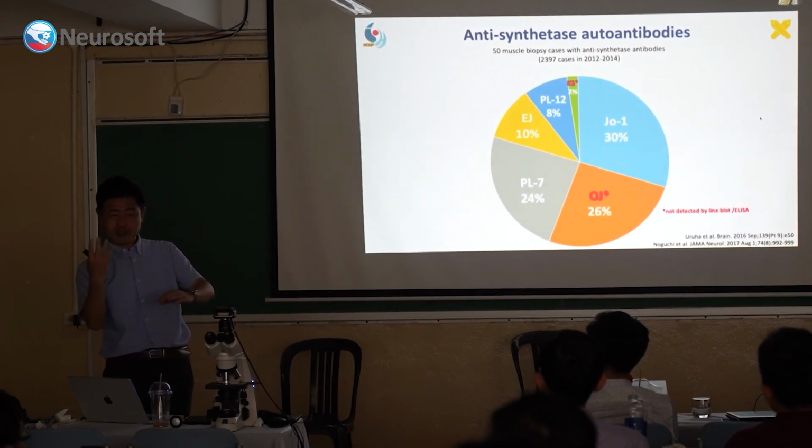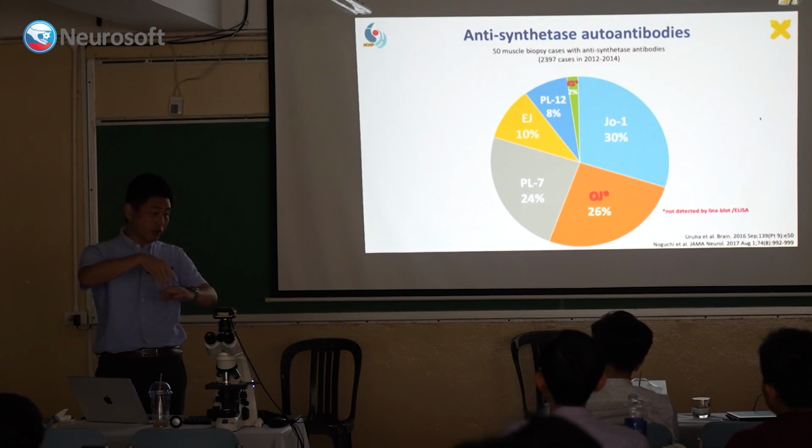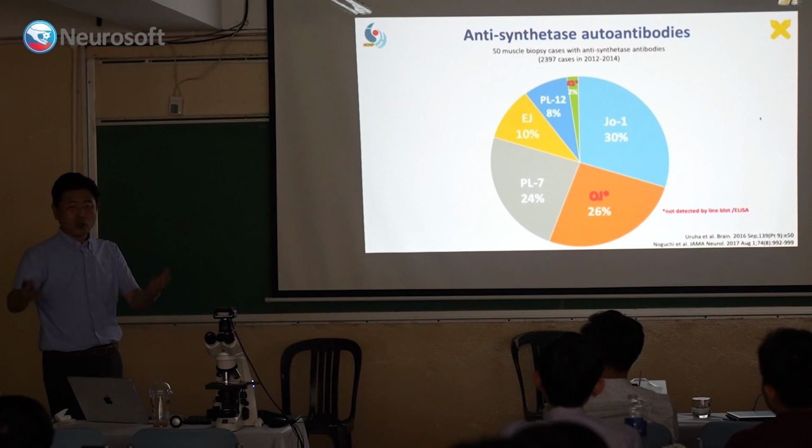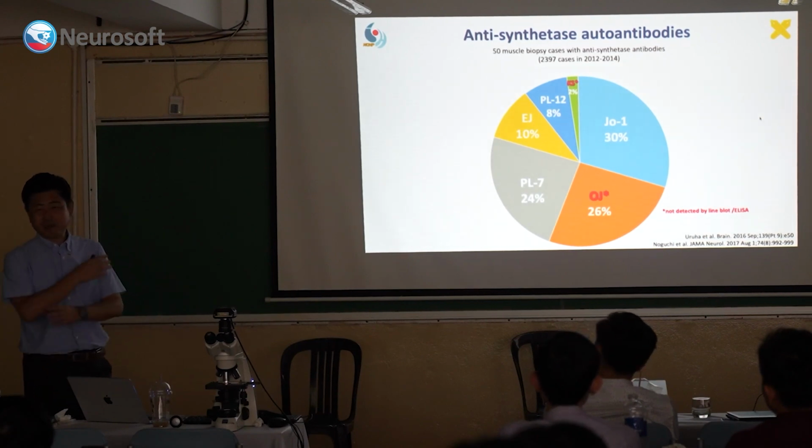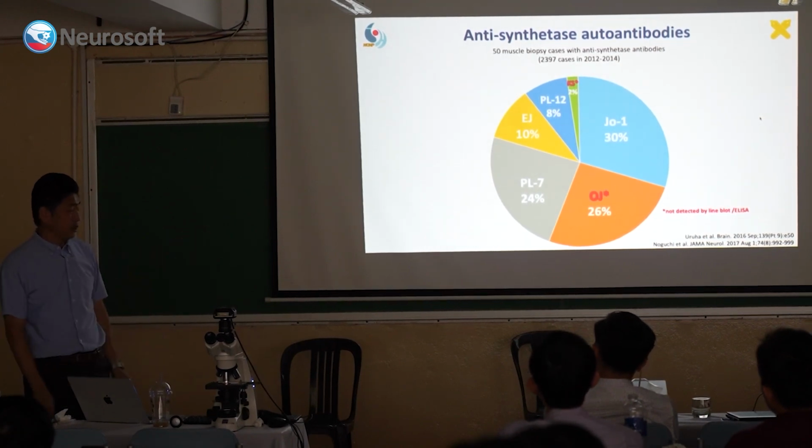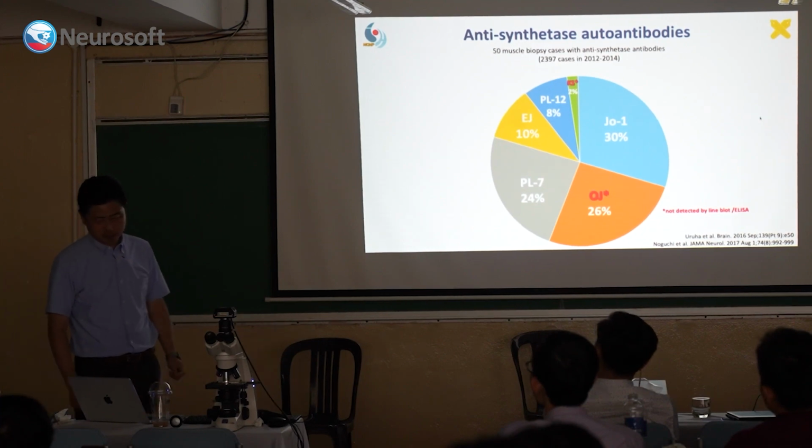Even if you have OJ antibodies, this does not recognize a simple amino acid sequence. So all the OJ positive patients will be false negative by Euroline. So you have to be very careful about it.